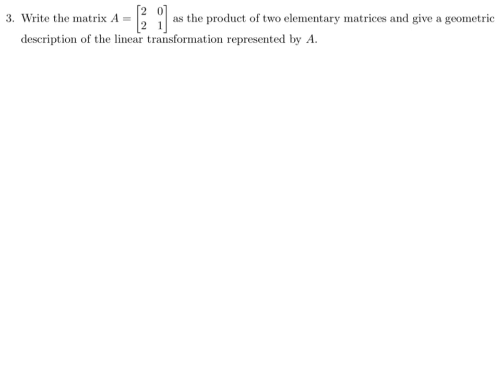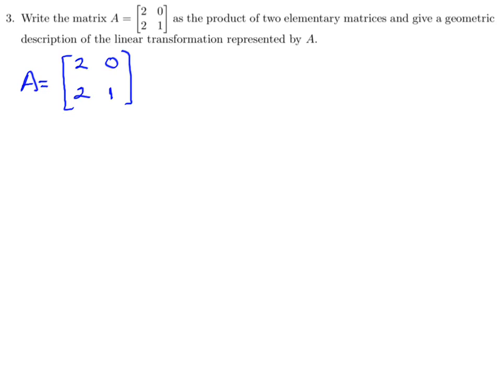In this example, we're given a 2x2 matrix, and we're asked to write that matrix as a product of two elementary matrices, and then to give a geometric description of the linear transformation that this matrix represents. So let's look at the matrix A, and by the way, there's more than one way to do this.